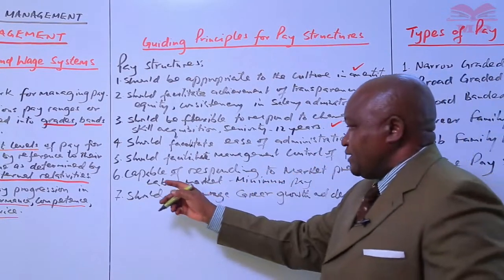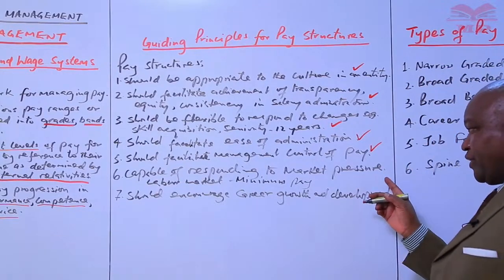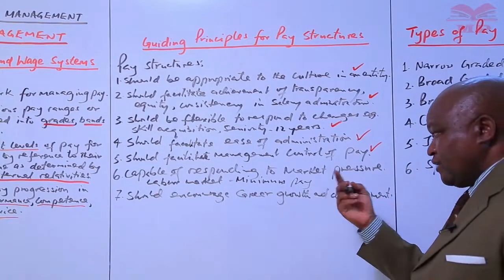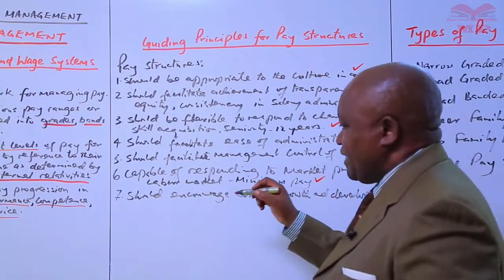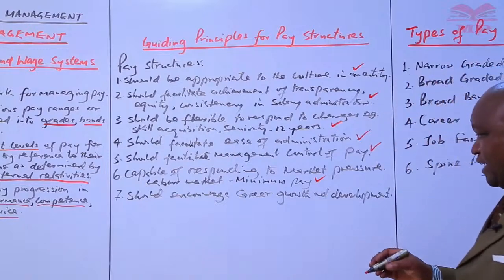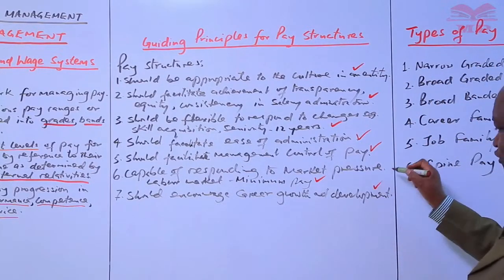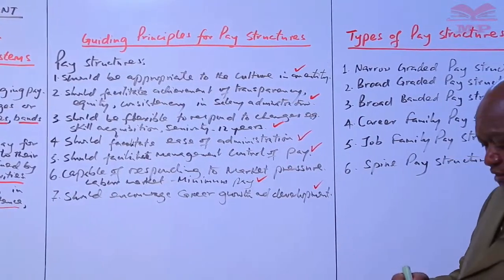Number 6, pay structures should be capable of responding to market pressure, for example, the labor market and the minimum wage, that is minimum pay that is provided by government. And number 7, pay structures should encourage career growth and development. So those are 7 guiding principles for pay structures.